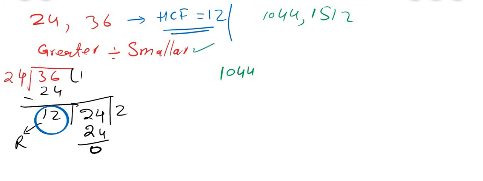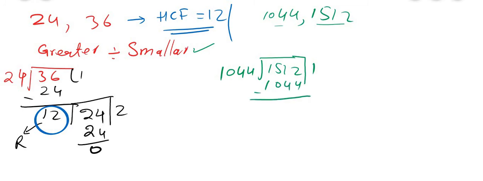According to the definition, we divide the greater by the smaller. This is the greater, this is the smaller. So 1512 divided by 1044: what number do we divide by? The number 1, multiply it, it becomes 1044. Subtract, and you get 468. Then again make this the divisor, so we continue the question here.